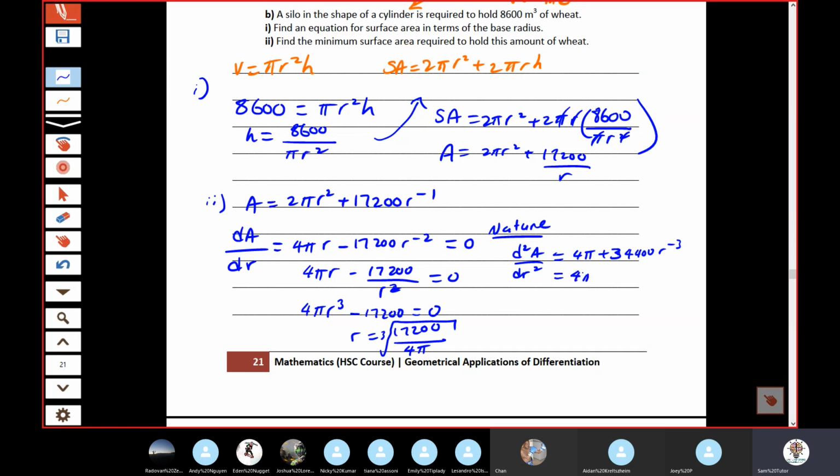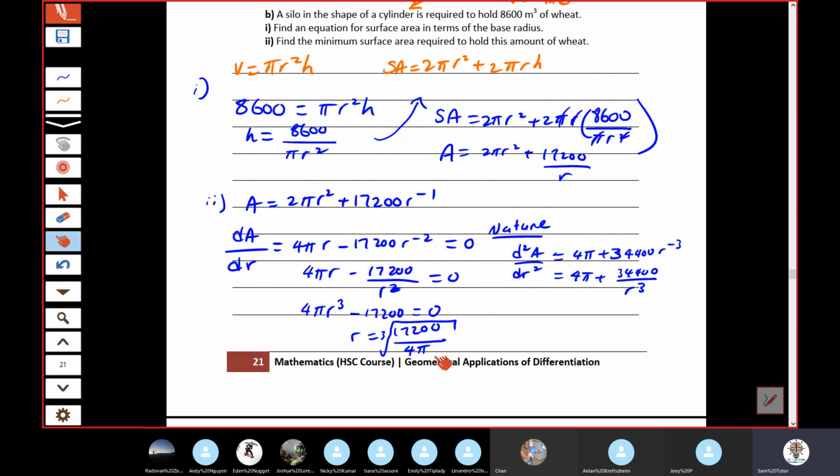Look at this number here. Is it always positive, always negative, or we're not sure? I think it has to be positive. That number is always positive because 17,200 is always positive, divided by 4, which is always positive, pi is always positive, and you're just cube rooting it.